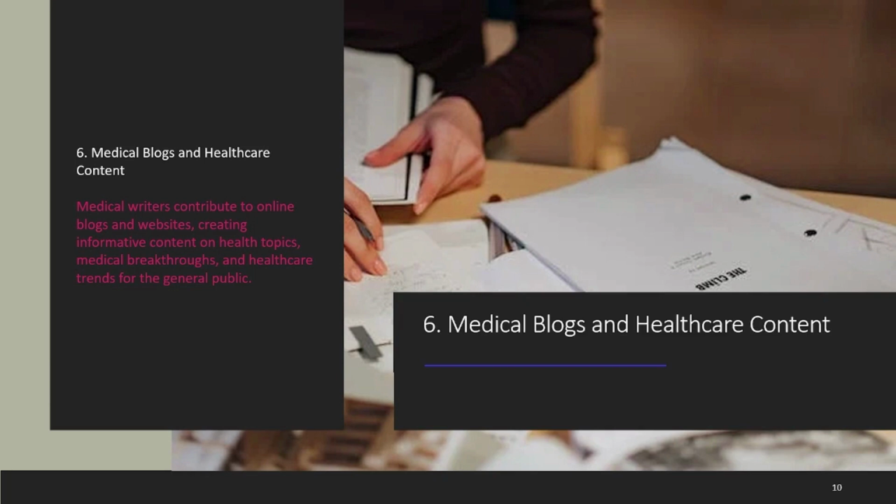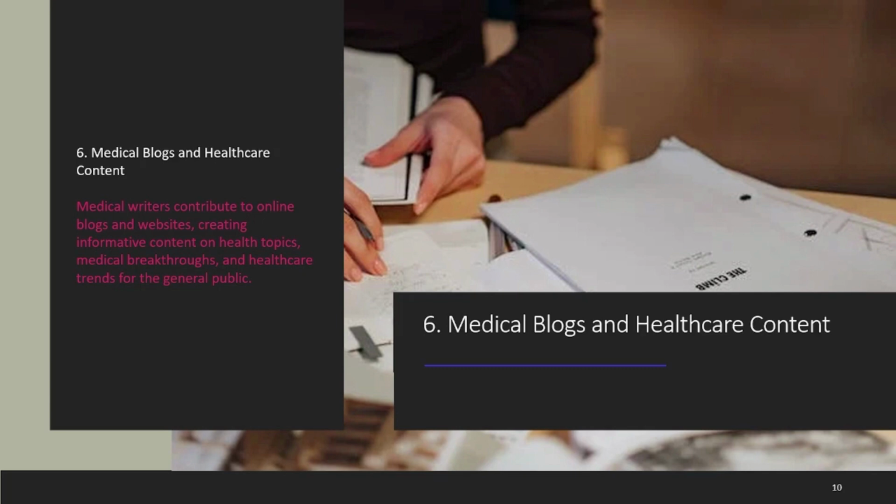It's the same old treatment, but then new technology is being installed there. So that has to be highlighted, that has to be brought to the notice of the patients, and that can be done by these blogs and by this informative content which is put up on these websites, and you can create them.